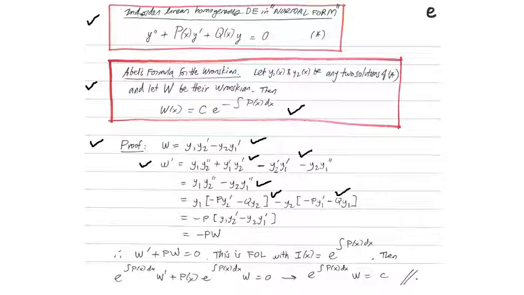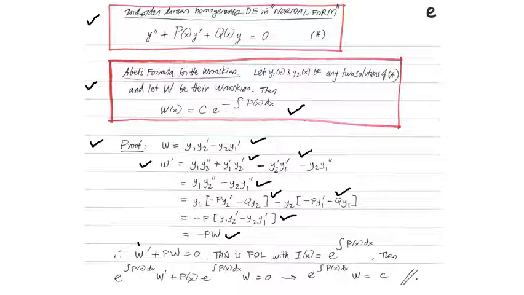So we can substitute in those expressions from our differential equation, and then we see that the terms involving q cancel out. We have minus q y1 y2 from the first part and plus q y1 y2 from the second part, so those terms cancel out, and all we're left with is minus p times (y1 y2 prime minus y2 y1 prime), which is minus big P times the Wronskian.